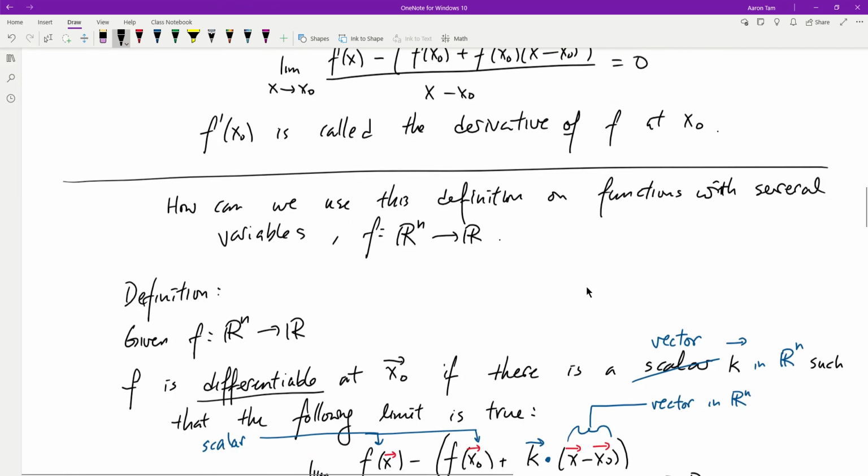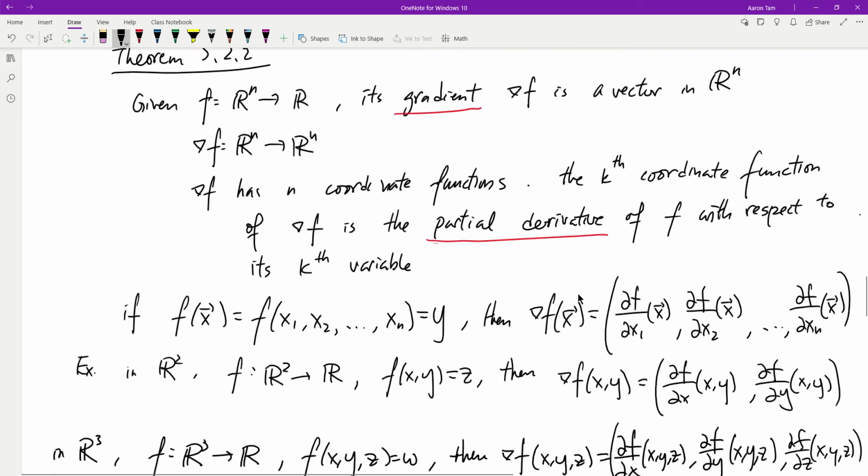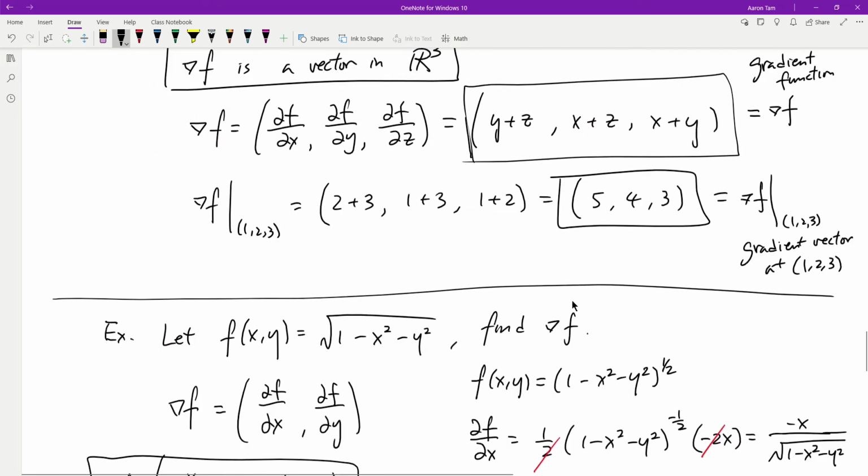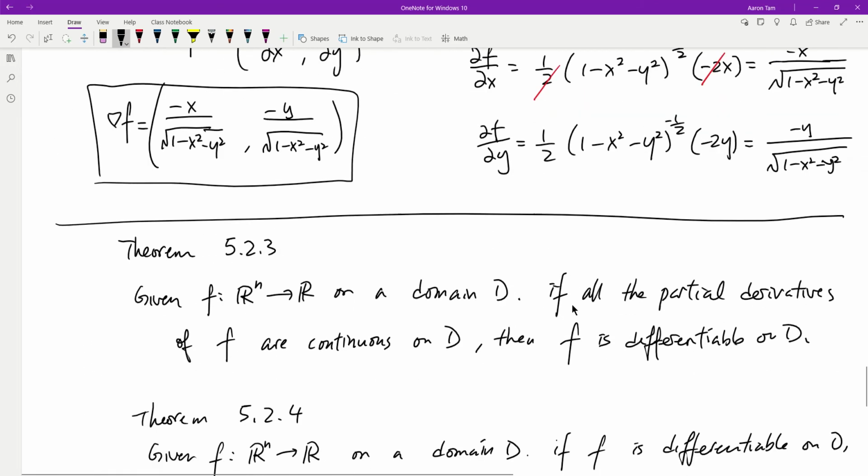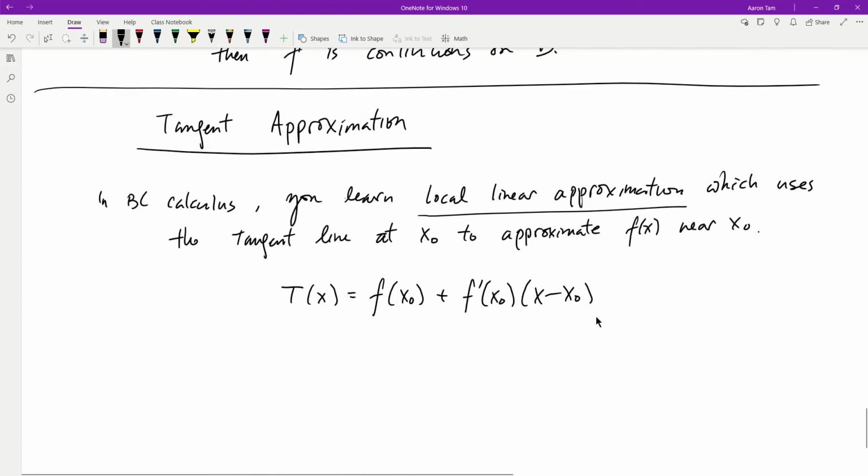Okay, so that means that when we define something that's differentiable, it must have some kind of tangent approximation that exists. And in order for this tangent approximation to exist, it must have this special value, which is called the slope of the tangent. So that's how all of them tie together. So that's referred to as tangent approximation. If you want to think about it, it's also basically the tangent line at x sub 0.